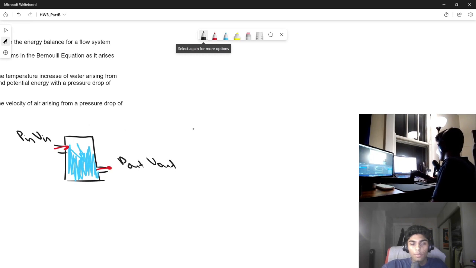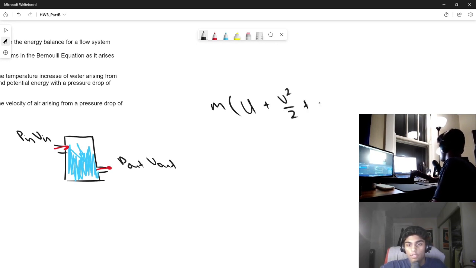So if we look at all the components here, we're going to have some mass, some internal energy, some kinetic energy, and some gravitational potential energy. It's G here. And what we end up doing is we want to focus on a differential amount of change here.